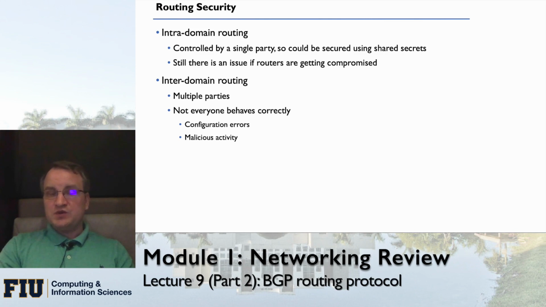There were multiple different accidents, even recently, where some big prefix was announced by an AS that has nothing to do with that prefix. There are mechanisms that have been developed, but there are still tons of problems.